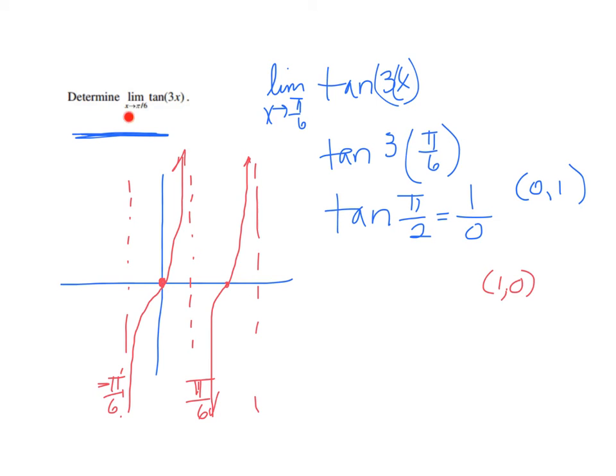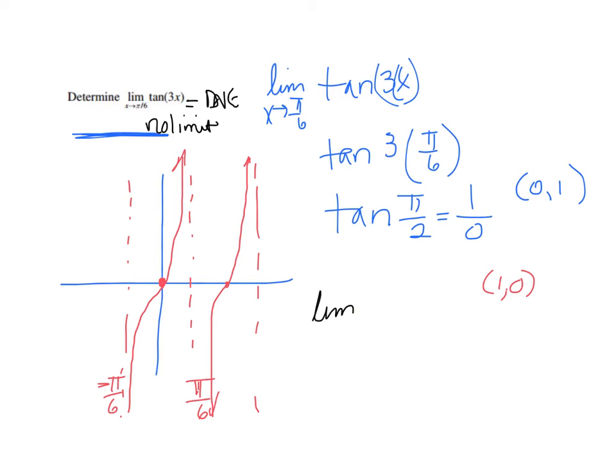So the limit as x approaches pi over 6 of tangent 3x, there is no limit. It does not exist. It's not going in the same direction. It's the opposite.